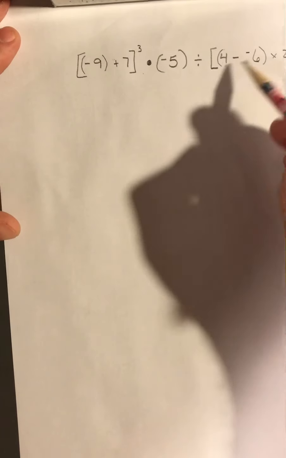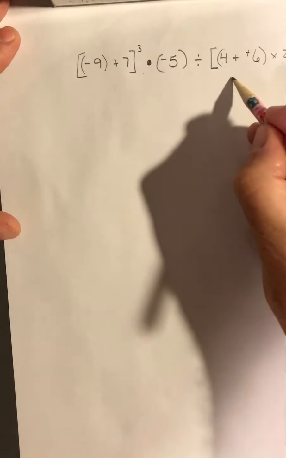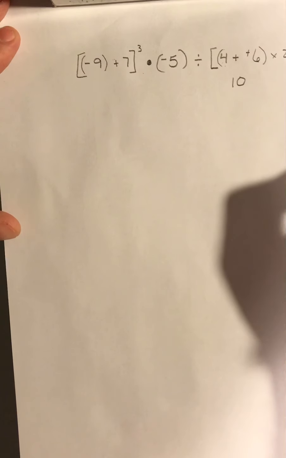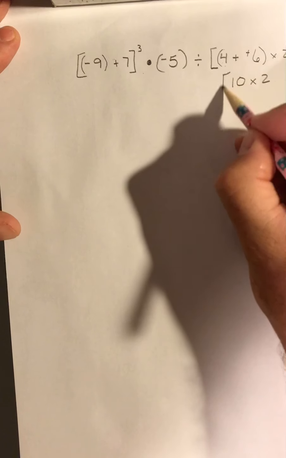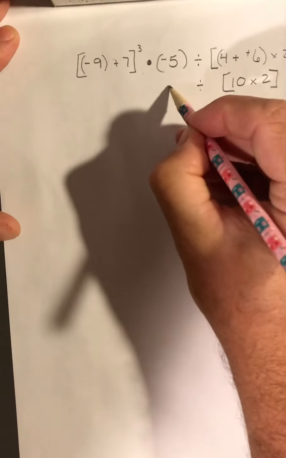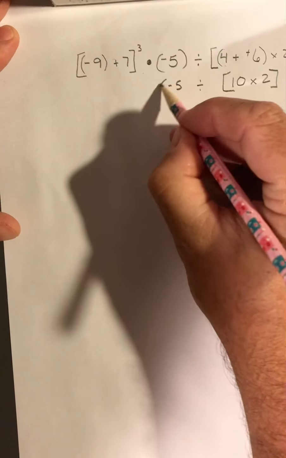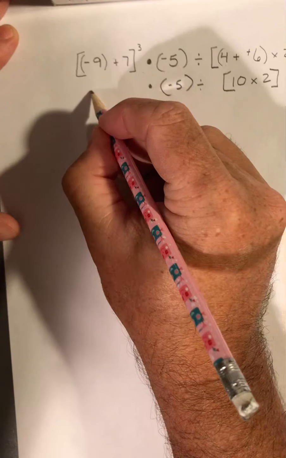So I'm going to do my keep, change, flip. So inside there, that's a 10. I'm going to bring everything else down in a nice, orderly fashion. Now this may seem like a pain, but this is how you keep from making mistakes.